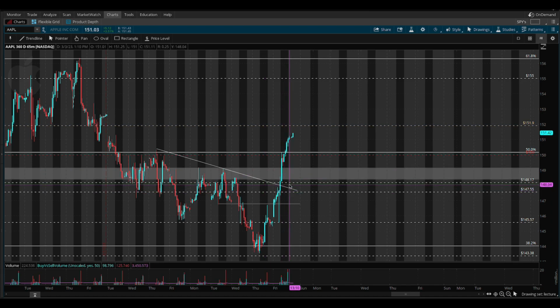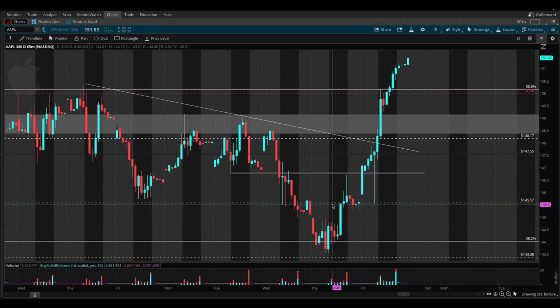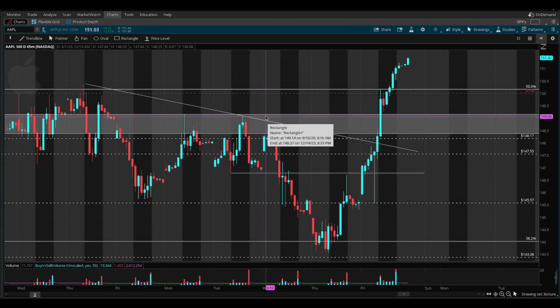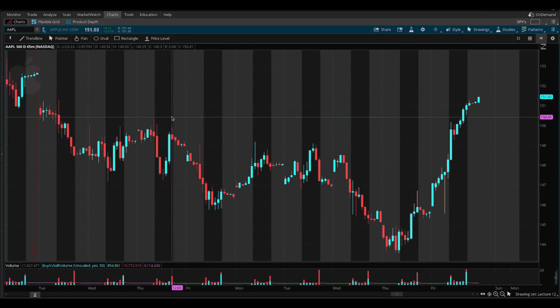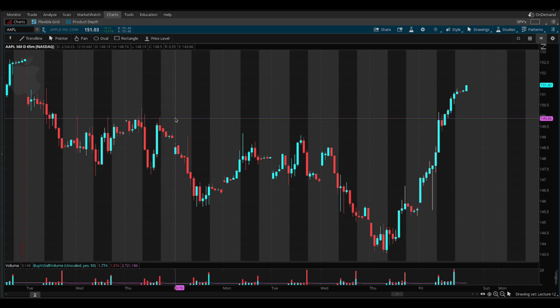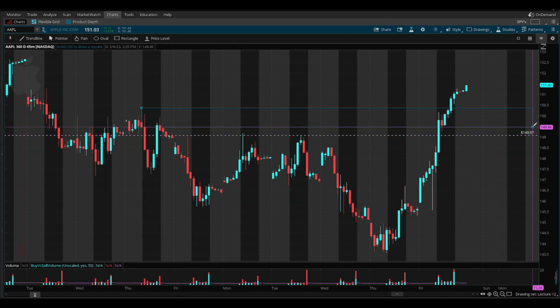This gave me all the confidence on Apple to go long. So I really just want you guys to pay attention to all the lower lows, lower highs, higher lows formations, because that's how you can add trend lines to what you already have going on. So if you have your trend line set and you also have your support and resistance or your zone set, then guys, you're gonna be good.